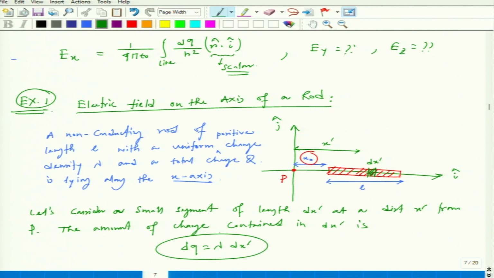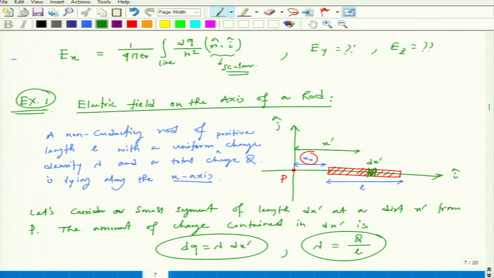Here we consider lambda to be uniform, so lambda is basically Q over L, which we discussed in the previous class.